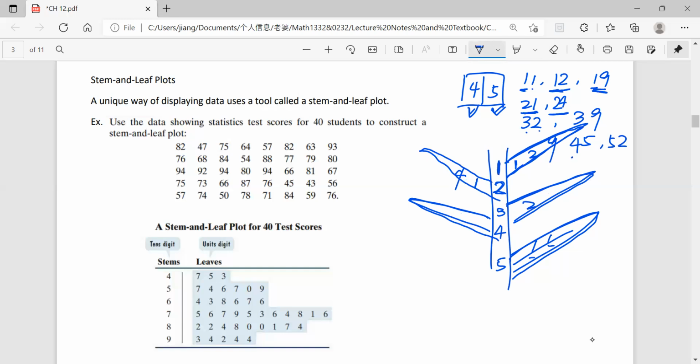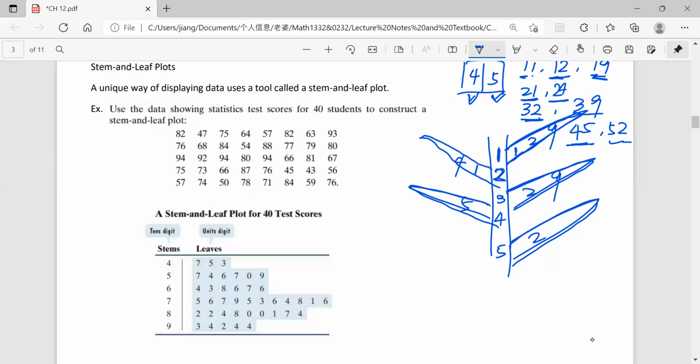Not only 32, I have 39, so I have a 9 here. So for 4, the stem is 4, and the unit digit is 5. And for 50, 52, the unit digit on the leaf is 2. So I use this method, I create a plant with a stem and the leaves.